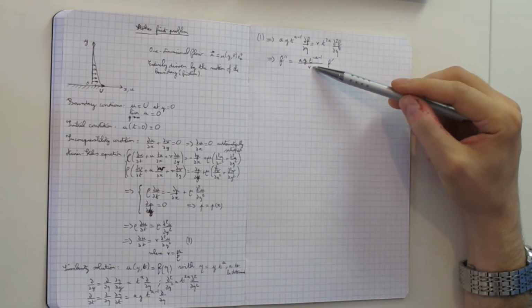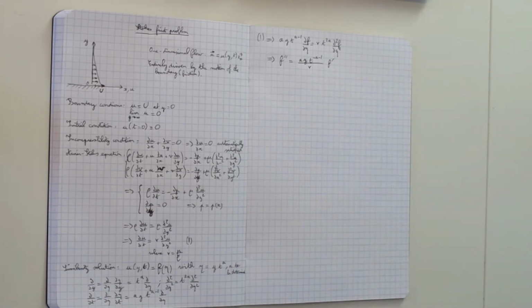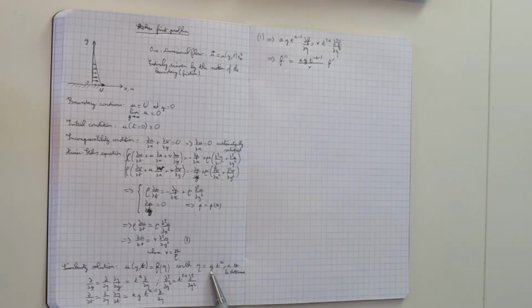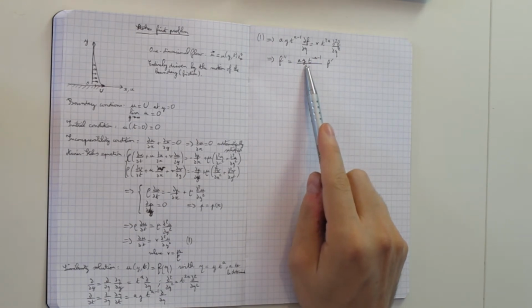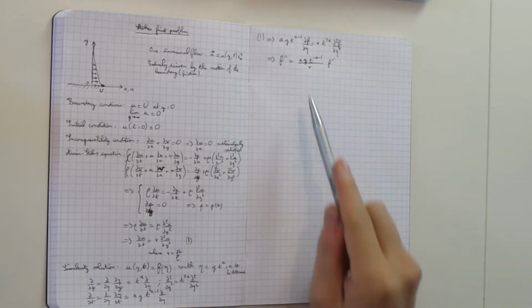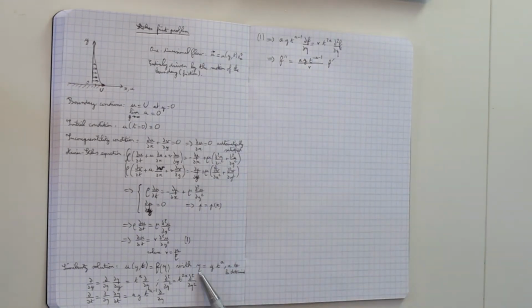So we need to combine this y t to the minus a minus 1 into something that can be expressed only with eta. And if you remember what eta is, it's y t to the a. So what we want here is that this group y t to the minus a minus 1 be equal to eta, right?